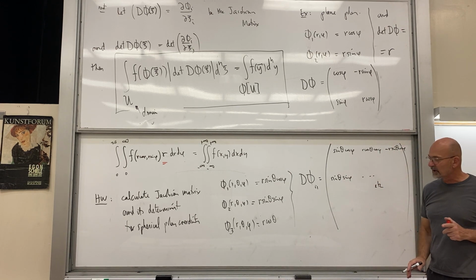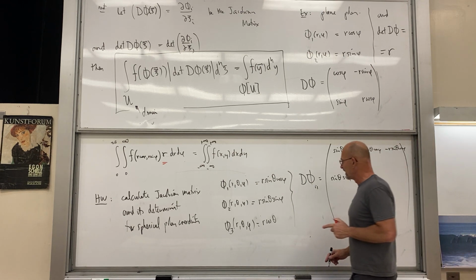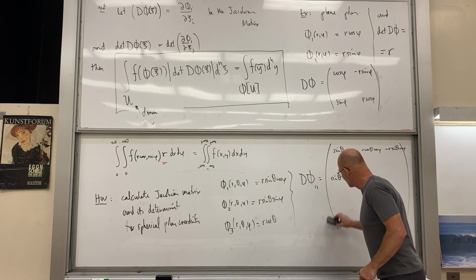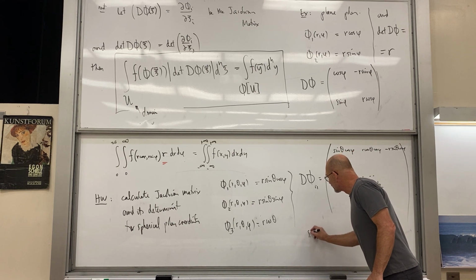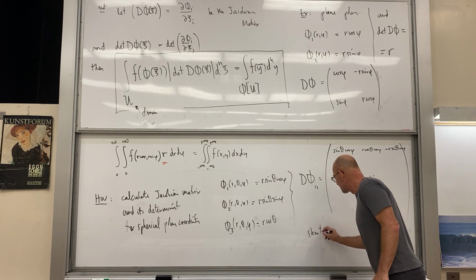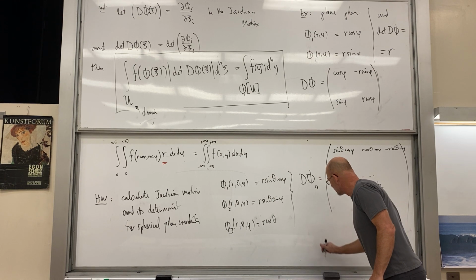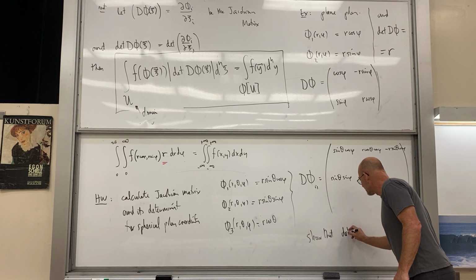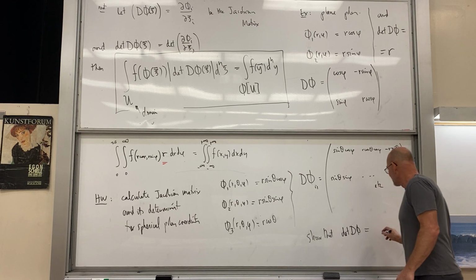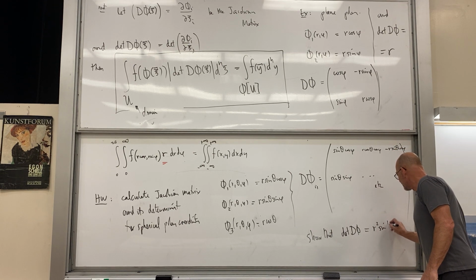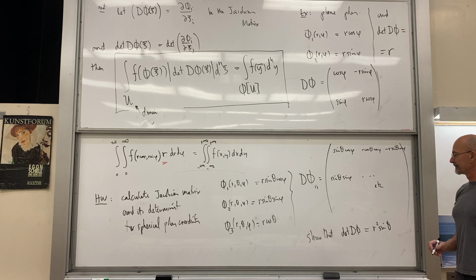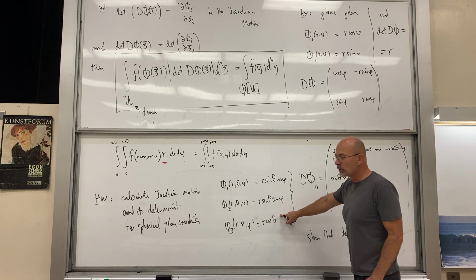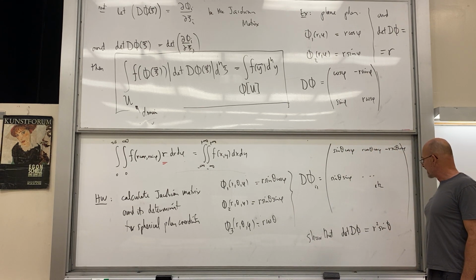You have to take its determinant, and then you're going to find out that the determinant, we hope, show that the determinant of this thing is r squared sine theta. And it's not quite that bad because there are some zeros in it when you expand it out. But yeah, that's where that volume element comes from.